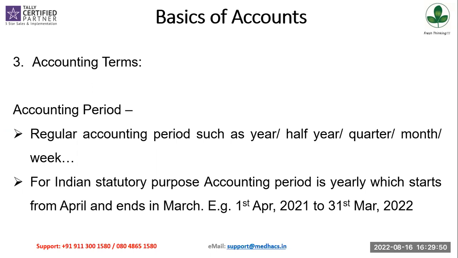It always starts on 1st of April and you have to end by 31st of March. For example, the financial year from 1st of April 2021 to 31st of March 2022, or from 1st of April 2022 to 31st of March 2023. For statutory purposes, this is the financial period that we need to follow as per the Indian statutory requirements.